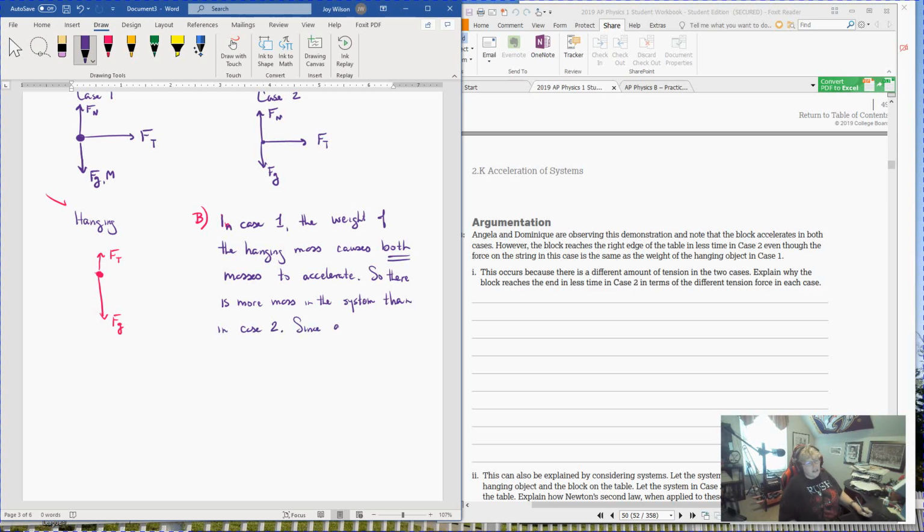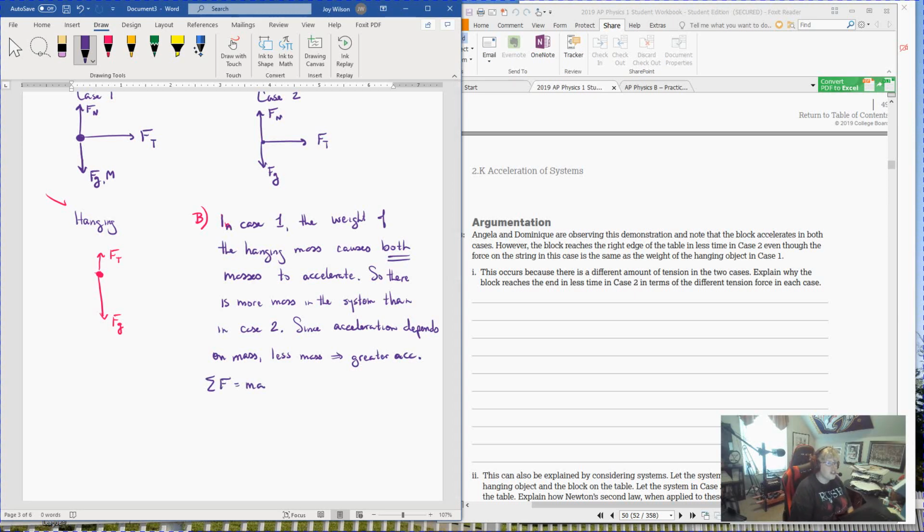Since acceleration depends on mass, less mass implies greater acceleration. And you can abbreviate it like that, and then you can say force equals ma. So there's your second law.